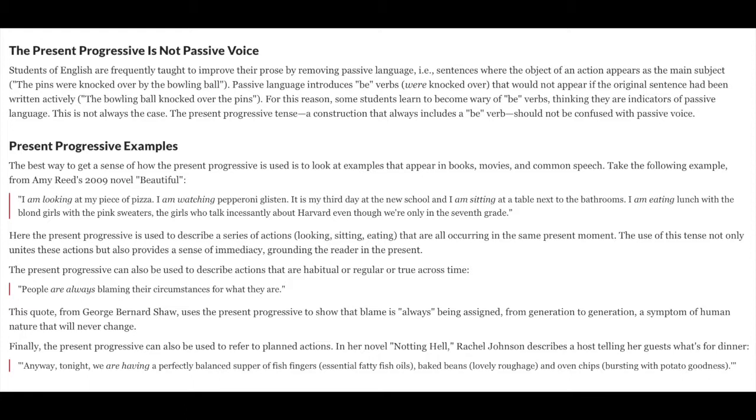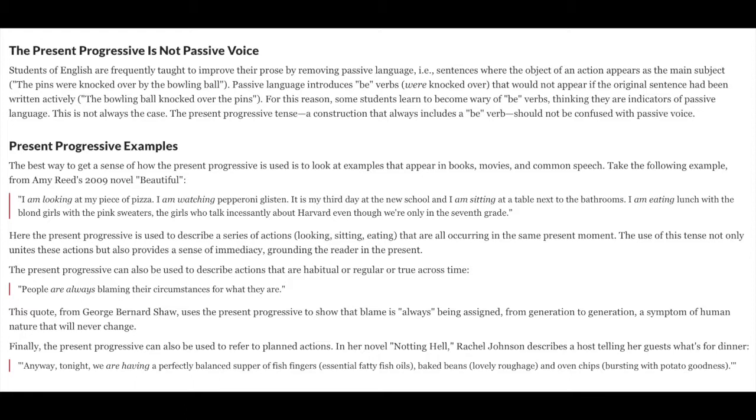The present progressive can also be used to describe actions that are habitual or regular across time. People are always blaming their circumstances for what they are. The quote from George Bernard Shaw uses the present progressive to show that blame is always being assigned from generation to generation, a symptom of human nature that will never change.